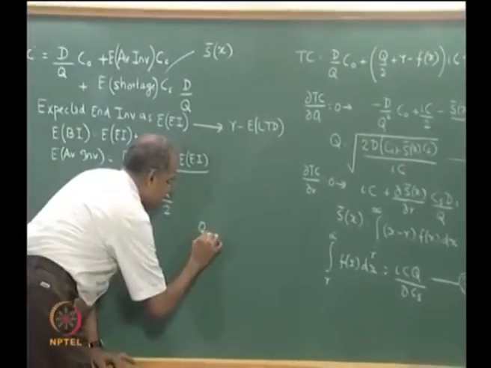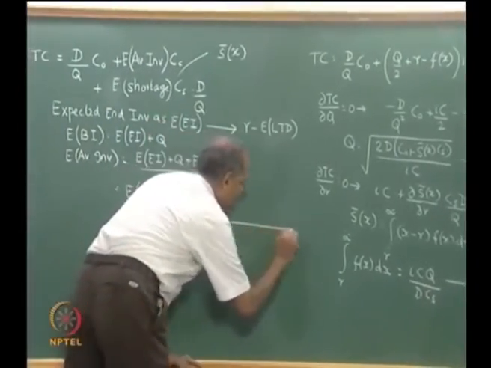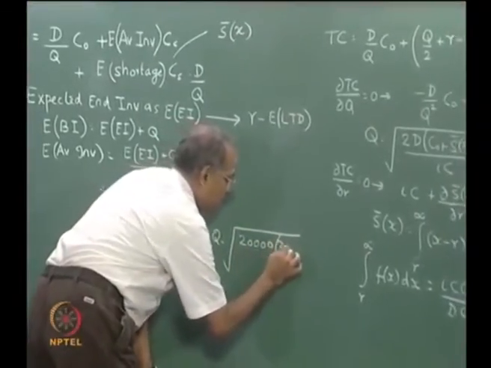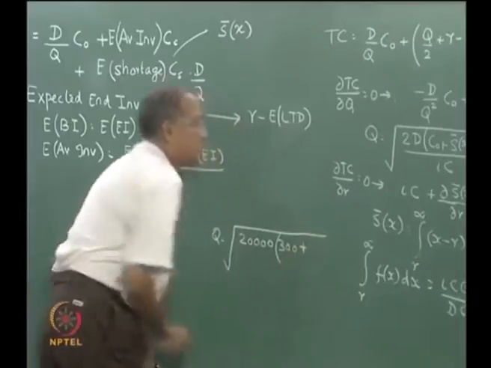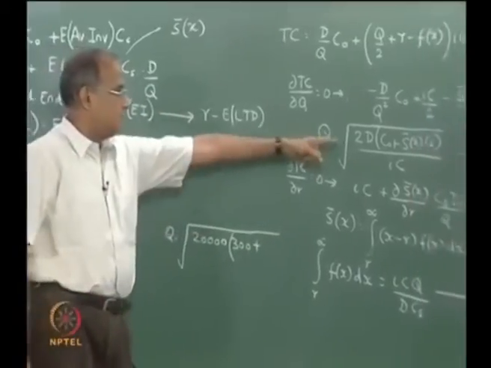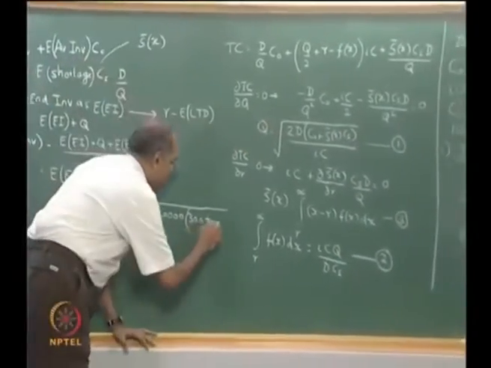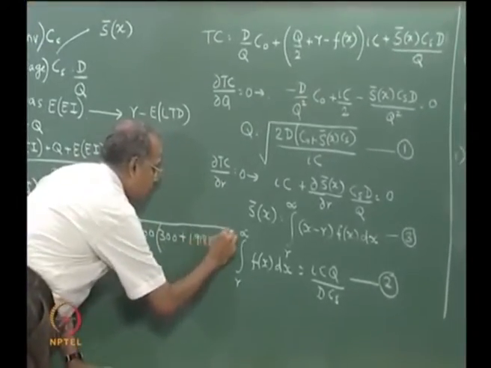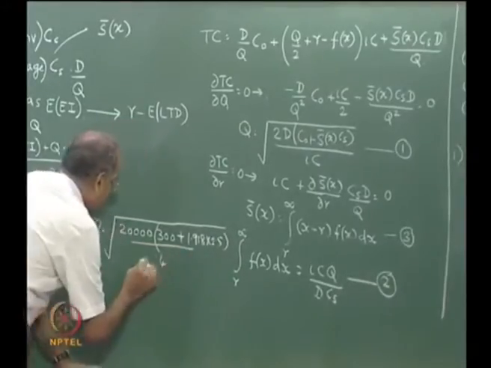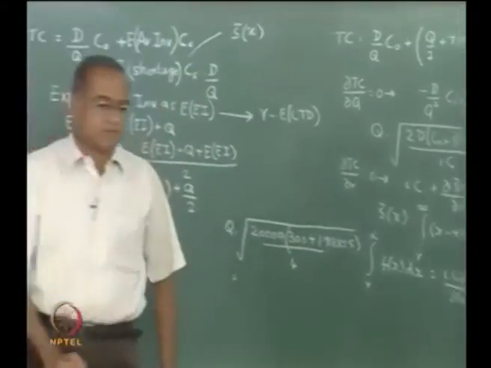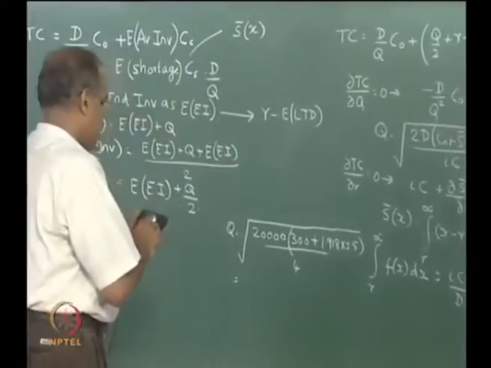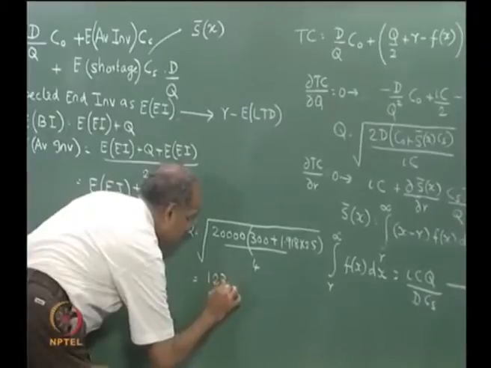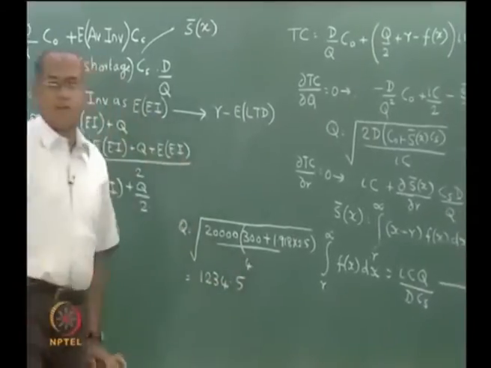So, the new computation of Q will be the root of 20,000, which is 2D C naught, plus S bar of x into CS, which is 1.918 into 2.5, divided by 4, which would give us 1234.5.